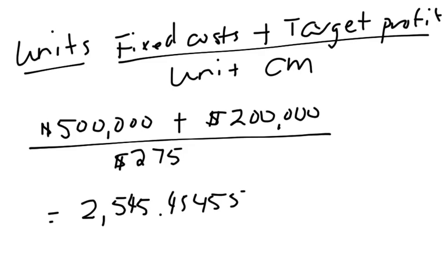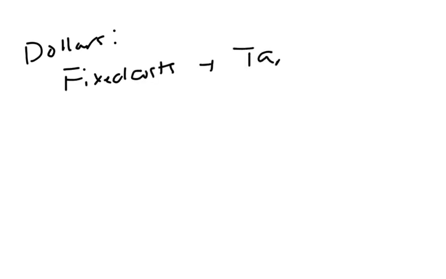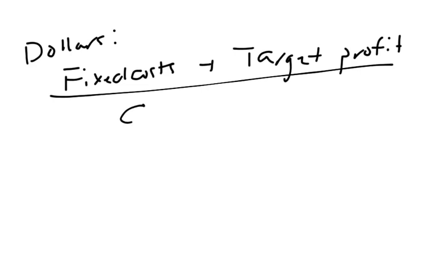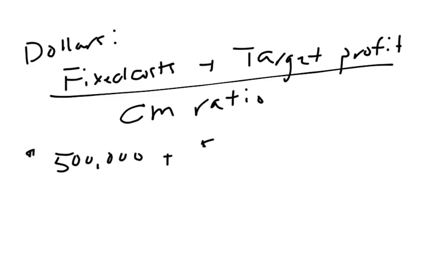Again, there's another way to look at it. We can look at it in required sales dollars instead. So now we're still going to take those fixed costs and add in our target profit. Now we're going to divide that by our contribution margin ratio. So we've got our $500,000. We've got our $200,000 target profit.